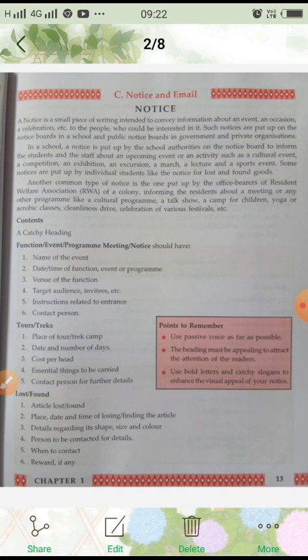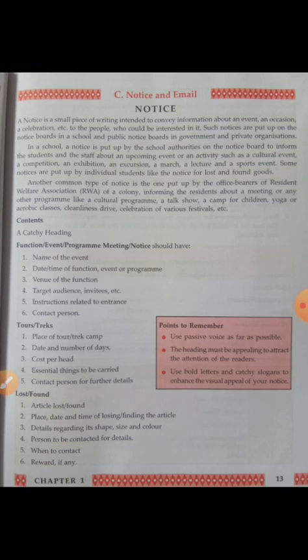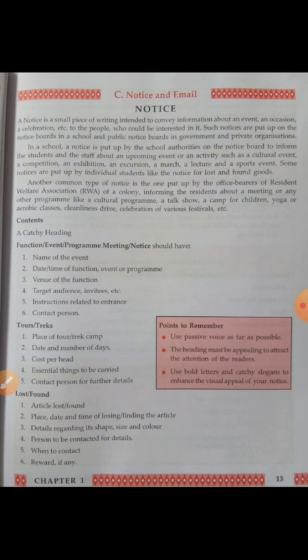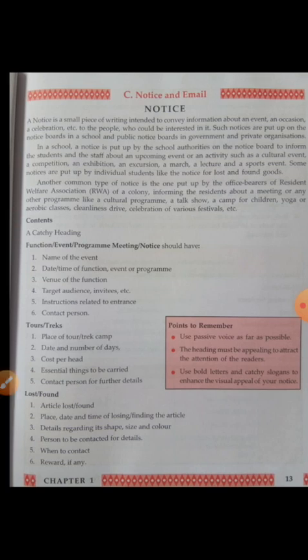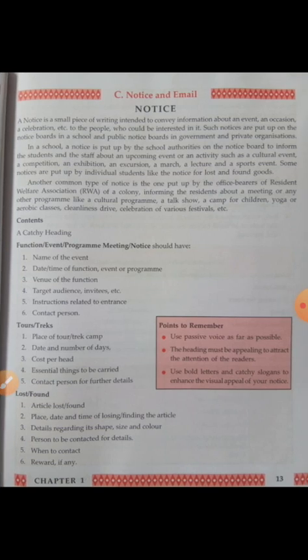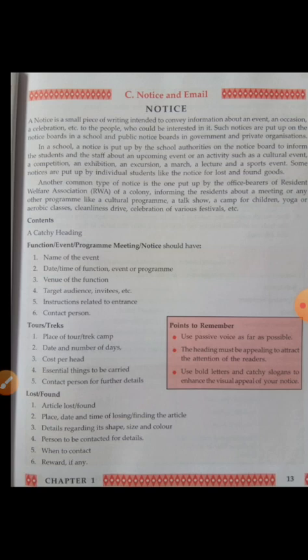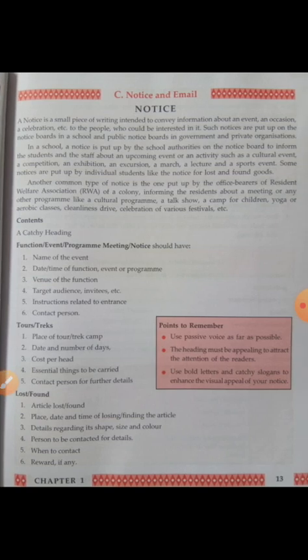Such notices are put up on the notice boards in a school. Now you would have seen that in a school, if any program is to be held or when academies are there, such information about academy and program is given through notice. On the notice board, things are displayed about the rules and regulations and many things, so all the children come to know about those programs or academies which are to be held in the school.